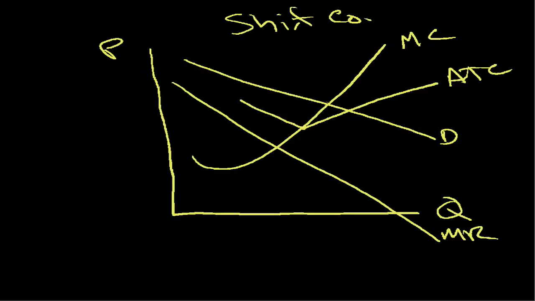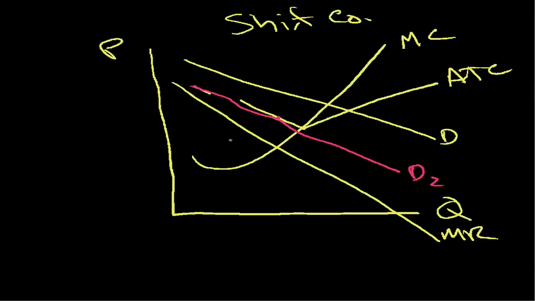They're making profits, so this demand curve is going to shift to the left. We'll draw a new one in there now. And it shifts just to this point here where it's kind of just tangent to the average total cost curve.